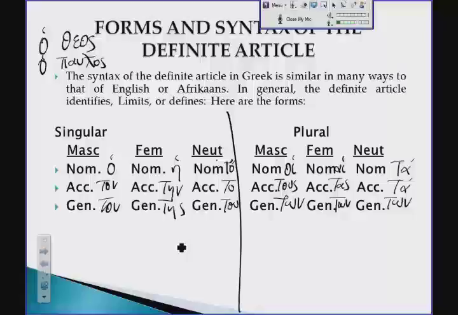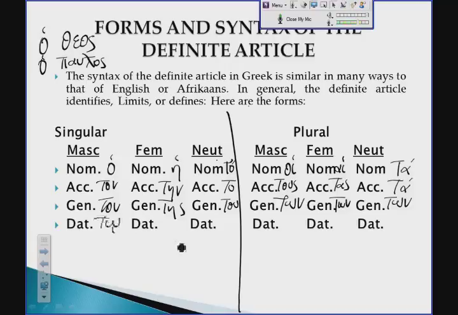Okay? And then we come now to the dative. That is with the iota subscript. We have toi. Okay? And then the dative, what do we have? What do you have in the dative? Tei. Okay? With the iota subscript again, tei. And then the neuter, just like your masculine, toi.